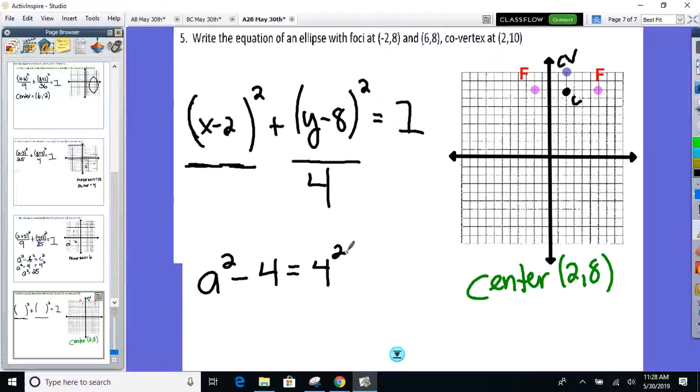My biggest thing is understanding why this 4 is not squared versus this one. Because this 4 here is just the C value. I got to square it to plug it in. And what's that A squared value now? You got 16. Move the 4 over. 20.